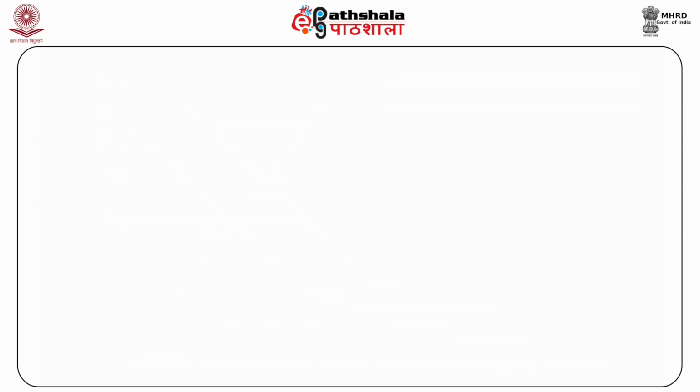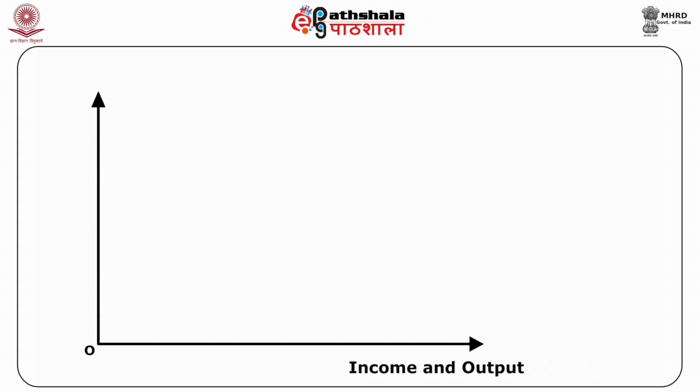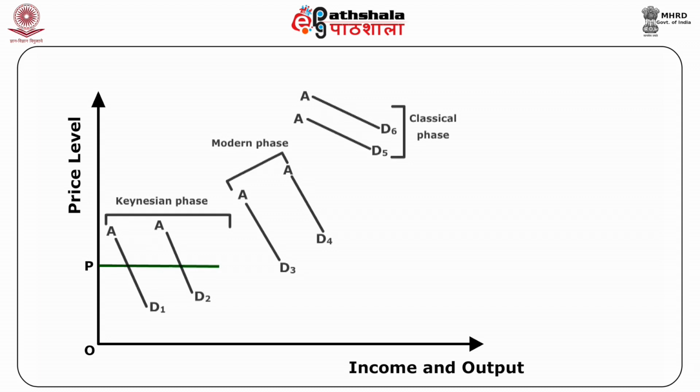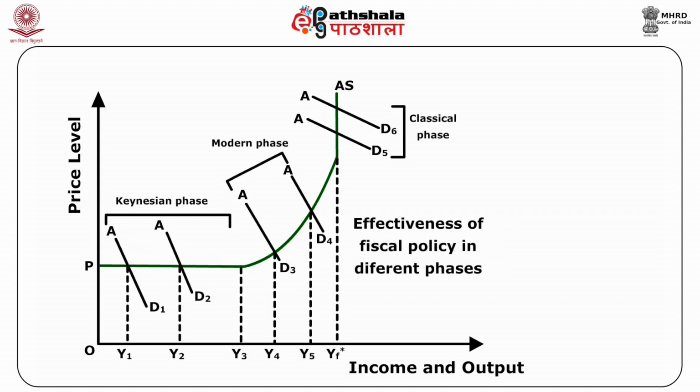Now, let us understand the classical, Keynesian, and modern phases of effectiveness of fiscal policy. In the given diagram, income and output is represented on the x-axis and price level is represented on the y-axis. AD and AS are the aggregate demand and aggregate supply curves respectively.